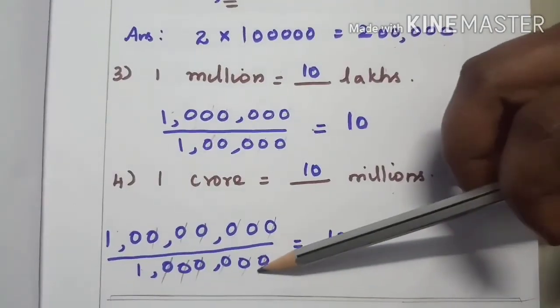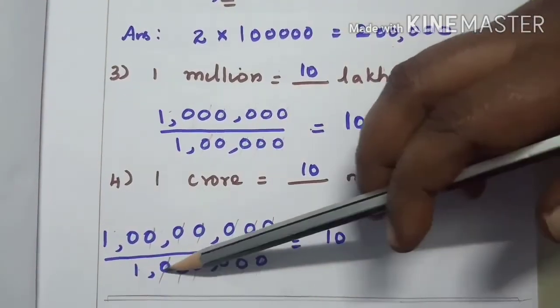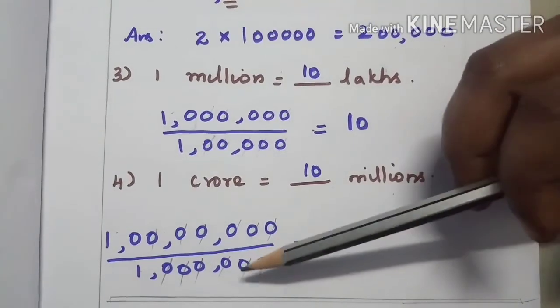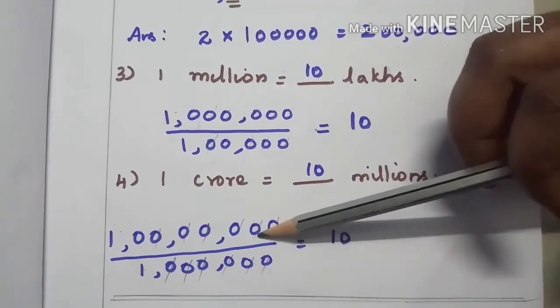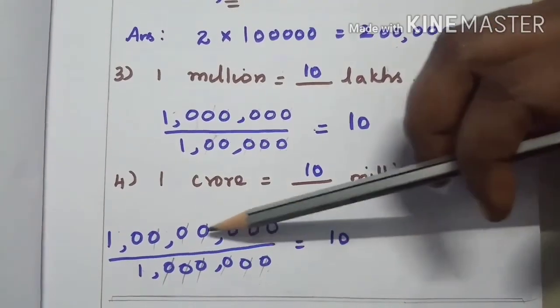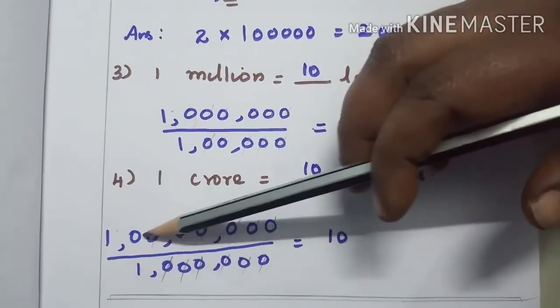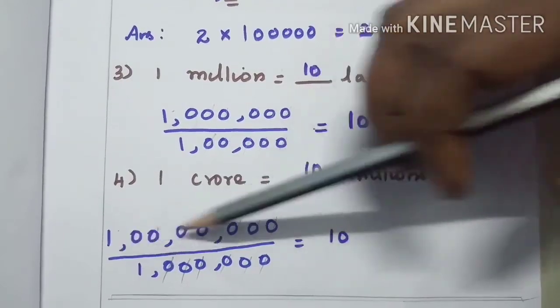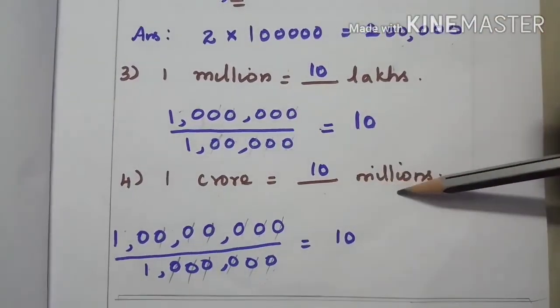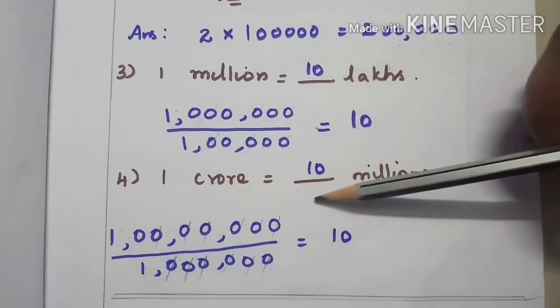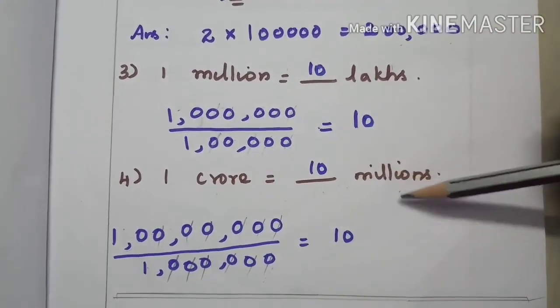You see in the denominator 3, 4, 5, 6 zeros are there. So we can strike 6 zeros in the numerator and denominator. When you strike 6 zeros, what are we getting? The answer is 10. Therefore, 1 crore equal to 10 million.